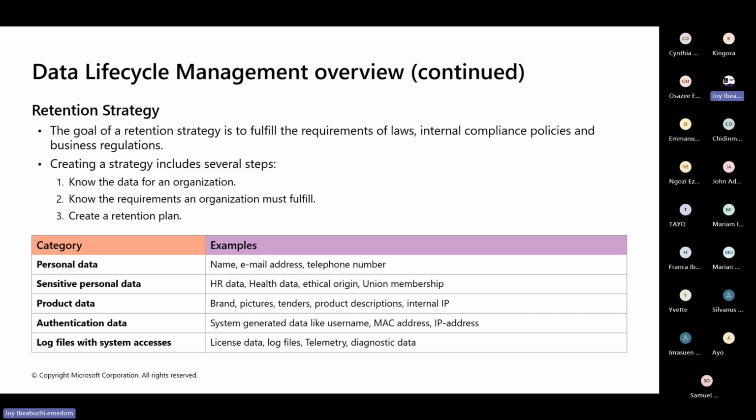So before using Purview, there is lots of design work that you need to do, and that's where the classifiers were going to help for an organization that is saying, okay, I process so much data I don't know, and then they turn on classifiers that help them to get visibility into the kind of data that they are using. And so in retention strategy, that reporting that you got when you pushed out classifiers to scan your environment also helps you with your retention strategy, where you can see that, okay, this is what I process, this is where I process it, and by regulation, this kind of data says that I should not keep data beyond XYZ.